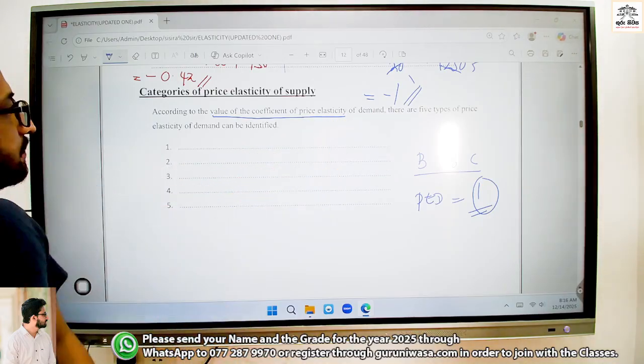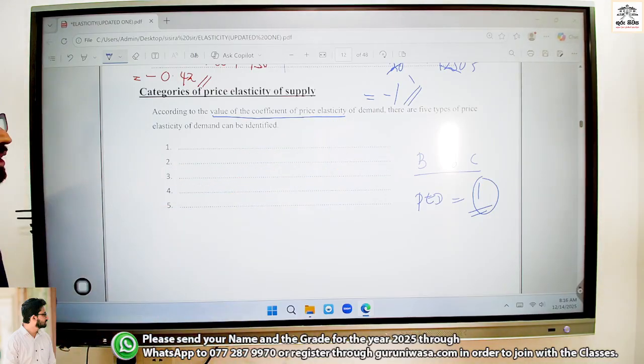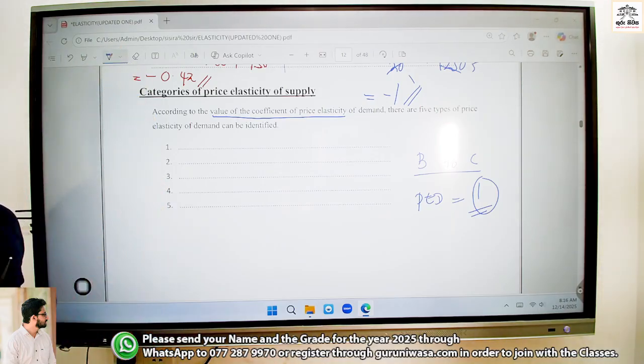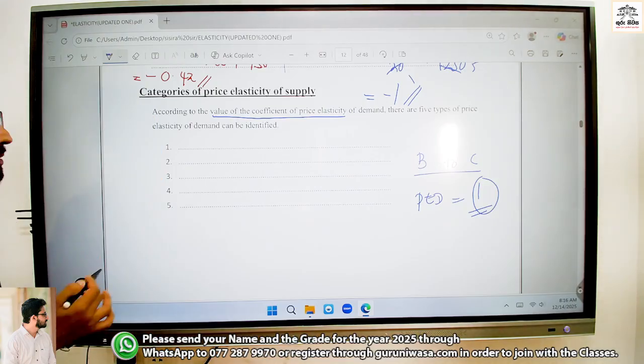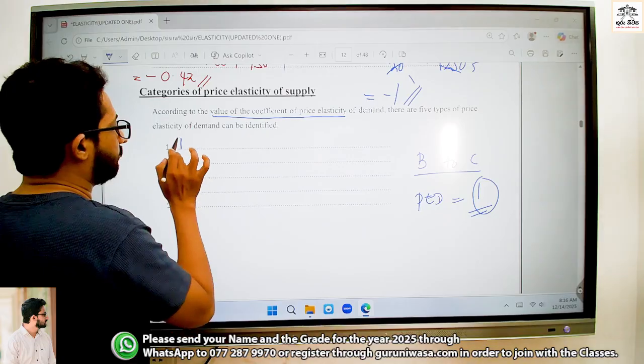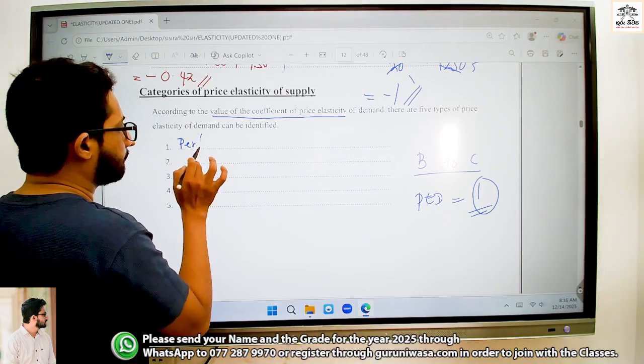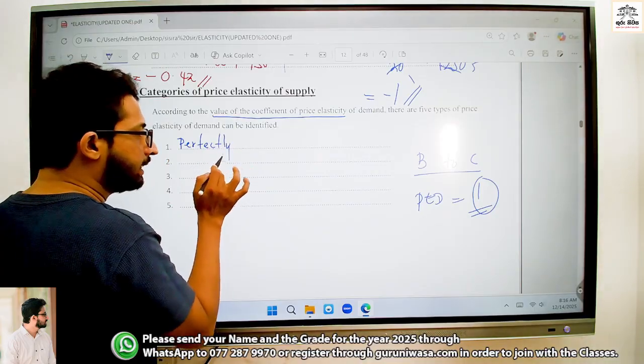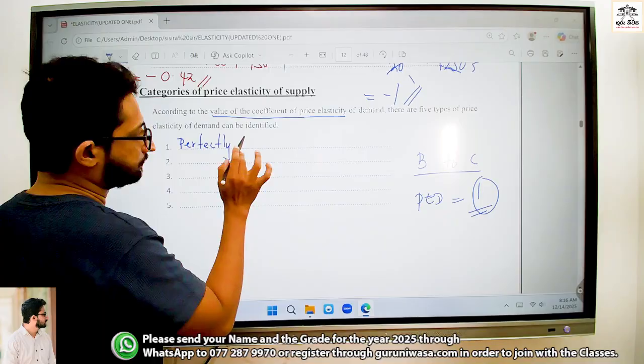There are 5 types of price elasticity of demand that can be identified. You might have learned them. First one, write down: perfectly inelastic demand.